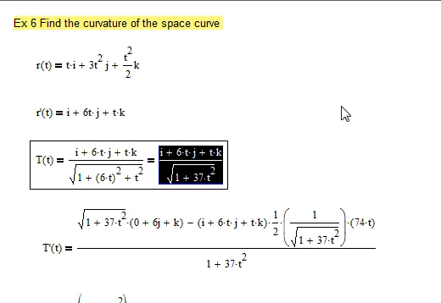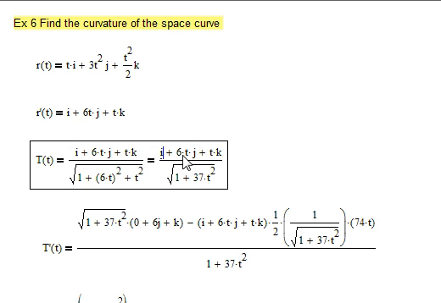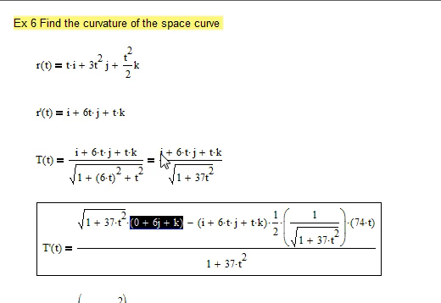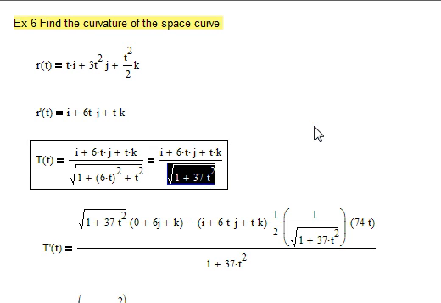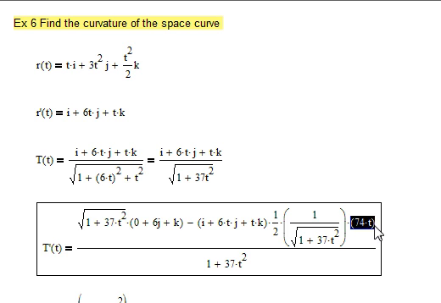And believe it or not, I can use the good old quotient rule on this. So it would be low d high, well, what's the derivative of this? 0i plus 6j plus k. So there's that part. Minus high, which is this vector, times d low, well, the derivative of the square root of 1 plus 37t squared, to the 1/2, multiply by the 1/2, and then subtract a half as an exponent, and then multiply that by the derivative of the inside function.